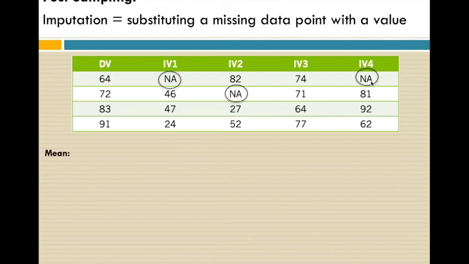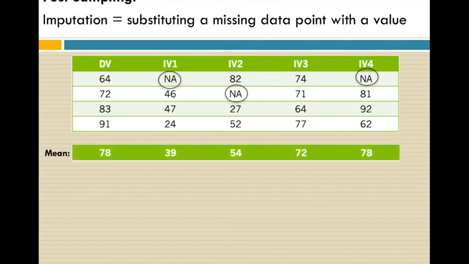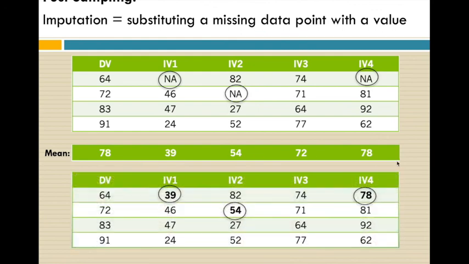What we can do, we can replace those points with the mean. So calculate the mean of each column. Okay. For example, the mean of this column is 78, the mean of this column is 72, and so on. So you can replace the missing values with the relevant mean, like so, right? And this is called imputation, right?